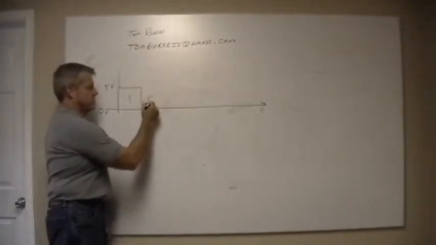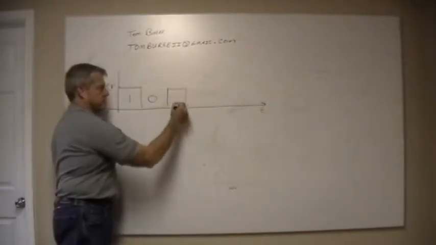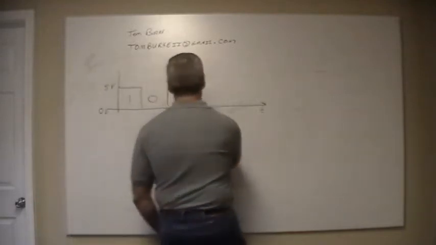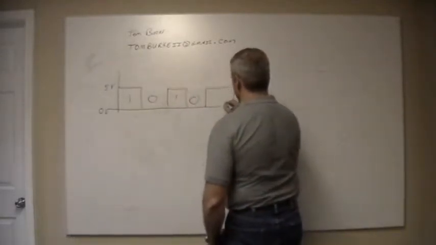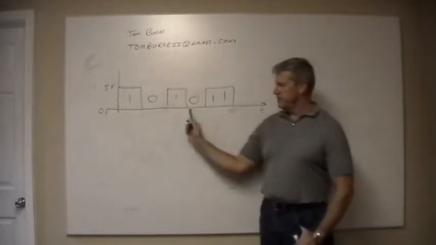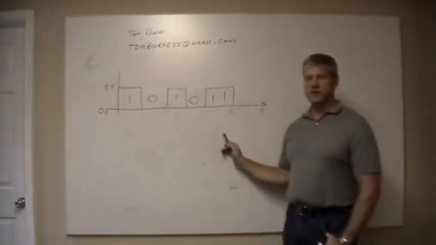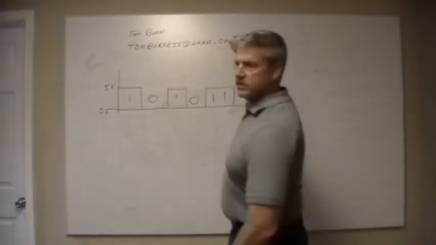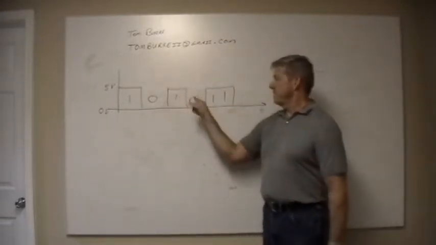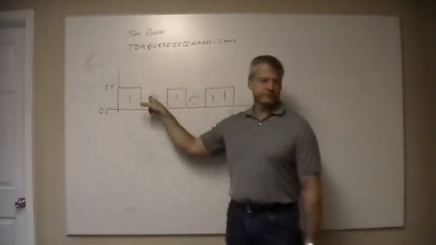This might be a 1, that might be a 0, that might be a 1 as time goes on, and I might do a 0 and then a 1, 1. And you'll notice that if I look at this at any given time, I don't know if this is this 0 or that 0.